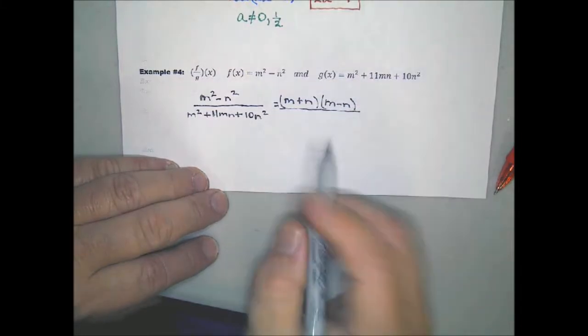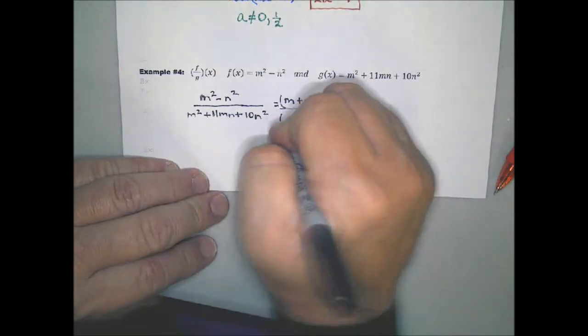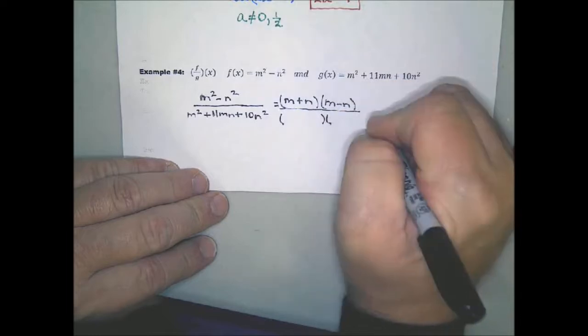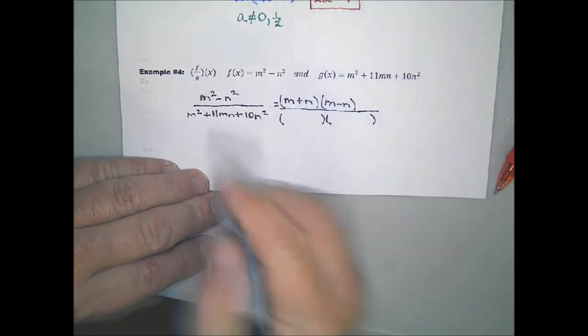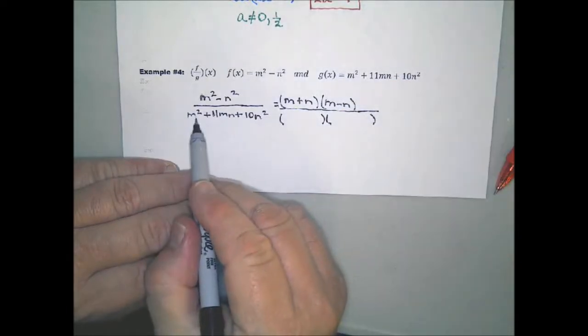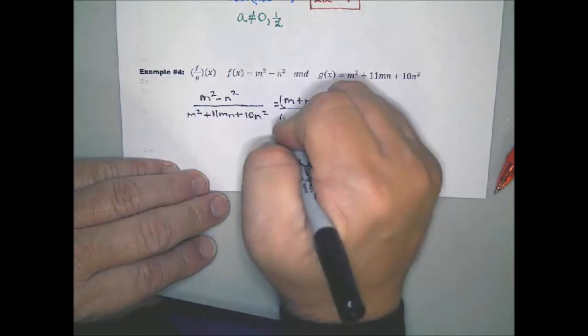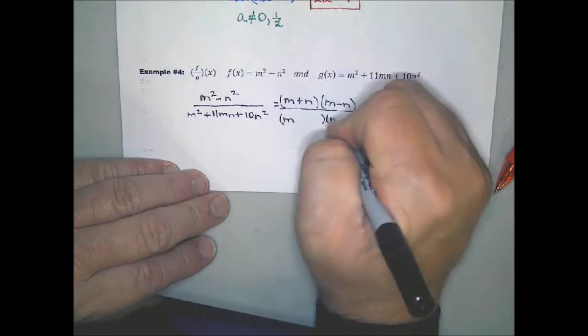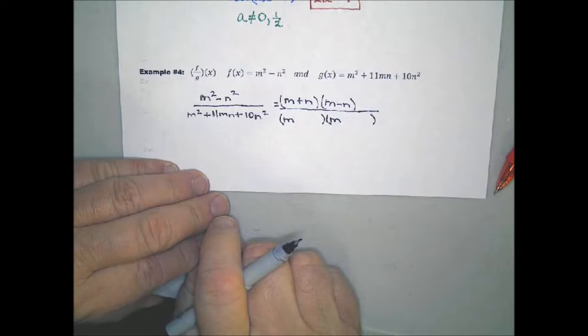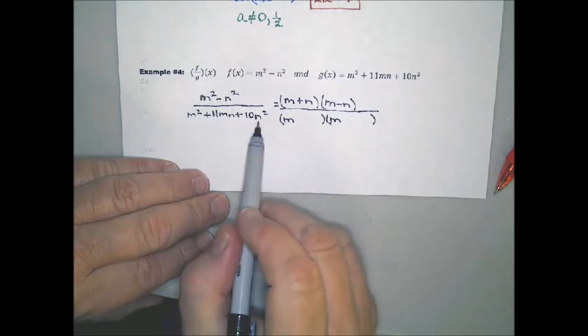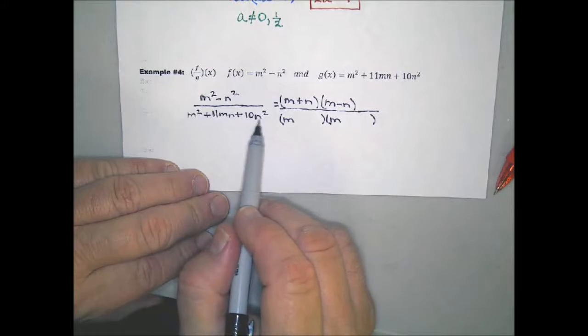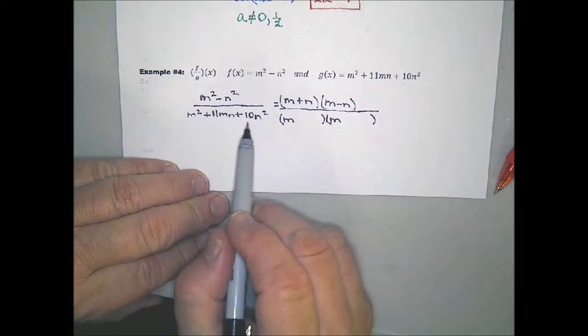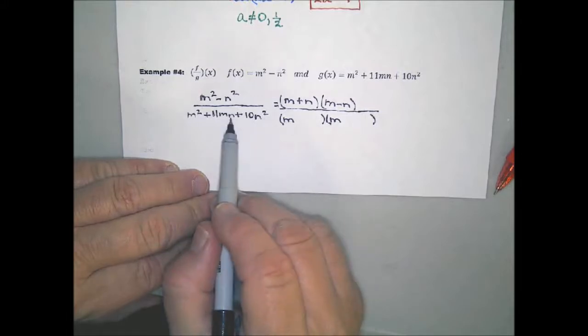Now my denominator is a trinomial. It begins like most normal trinomials with m squared. So this would be m and another m right there. Now don't let this n get in the way, because we're just going to put the n in afterwards. What if the n squared wasn't there and the n wasn't there?